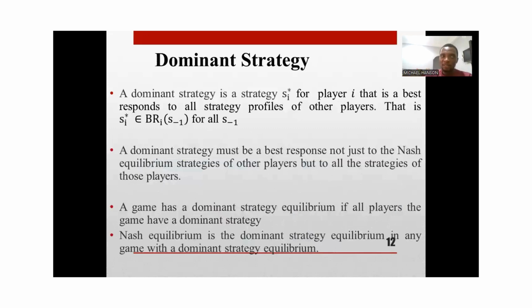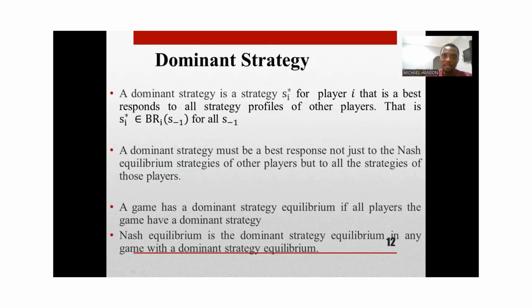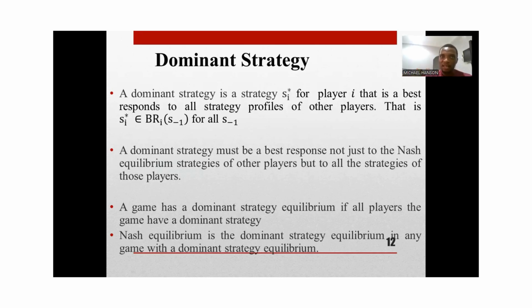We can see from our notation here that in the instance, S1 star is a strategy played by player one, but based on the other strategies of the other player, which does not influence player one's best strategy.